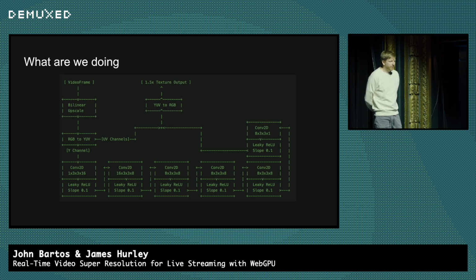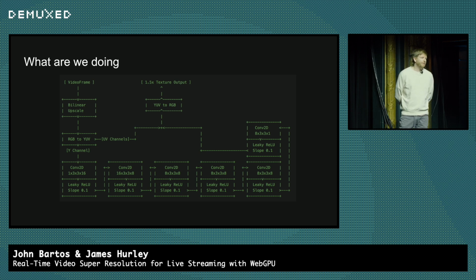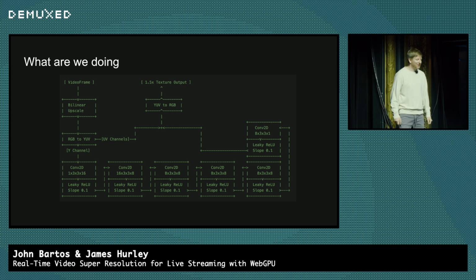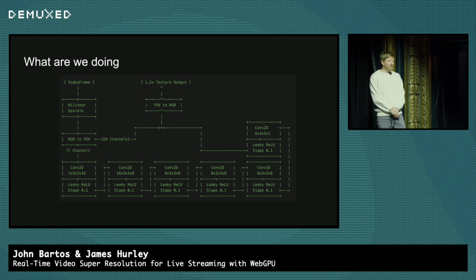Another thing that we found when we were doing this is that training our model actually makes a massive difference in terms of the quality that we get out of it. When we took pre-trained models and tried them out, we were blown away by how mediocre the results were. We ultimately landed on an architecture that looks like this.